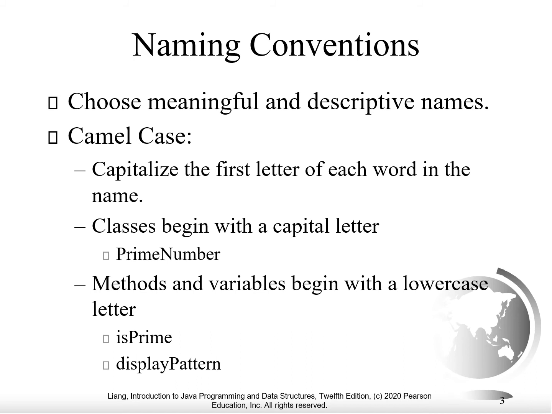You will note on the slide the name of the class PrimeNumber begins with a capital P because it is a class, and the second word in the class name also begins with a capital letter, N. For methods and variables, the first letter of the variable name isPrime begins with a lowercase letter, but using camel case, the second word in the variable name begins with a capital letter, and likewise in the method name displayPattern.